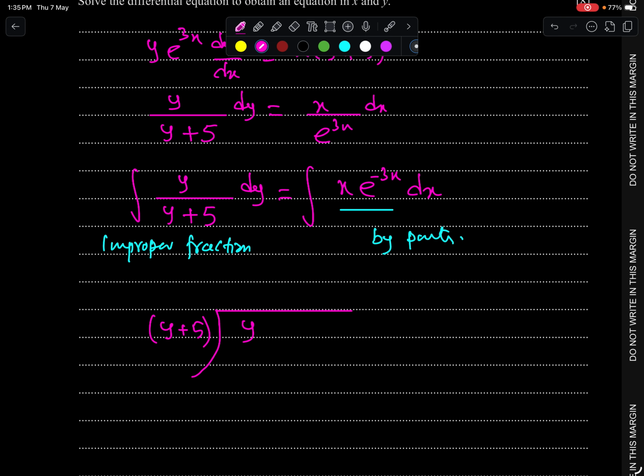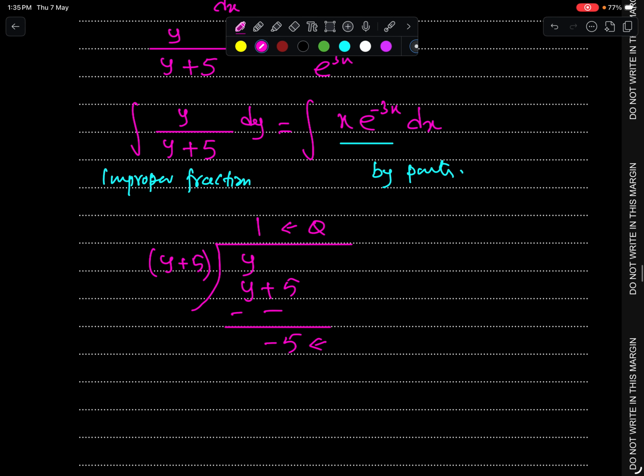Now divide y by y, we will get 1. Multiply 1 with the whole divisor, we get y plus 5. Change the signs, we get minus 5. This is the quotient, this is the remainder.